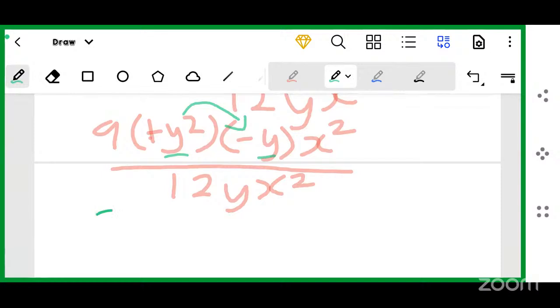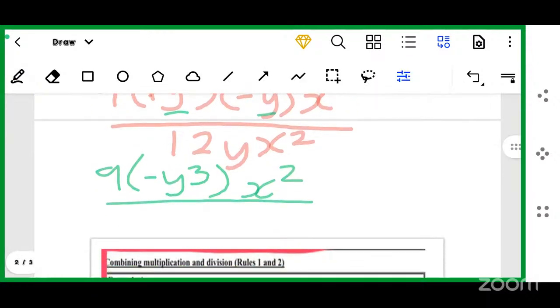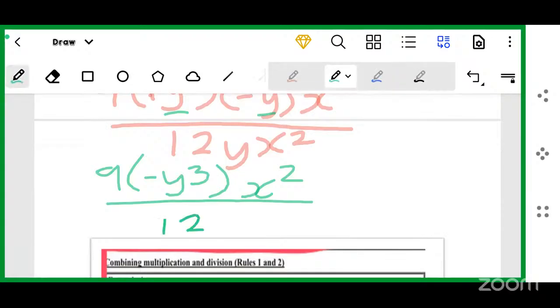So we're going to have our 9 into negative y to the power of 3, close bracket, x to the power of 2, and this is going to be all over 12y x squared. Are you following? Yes.